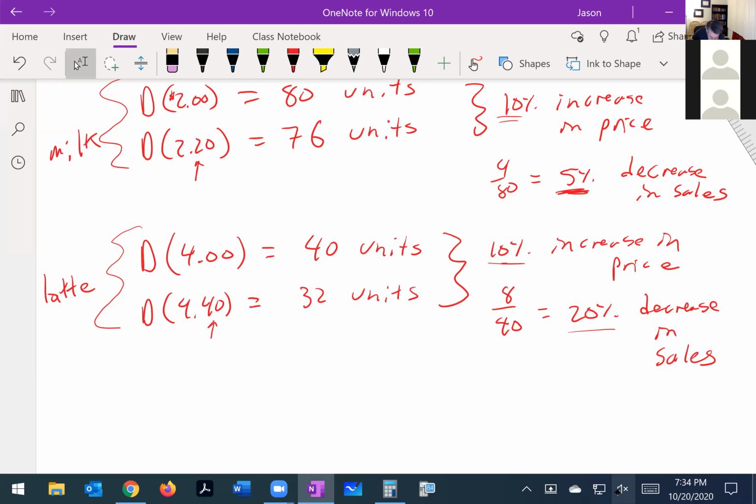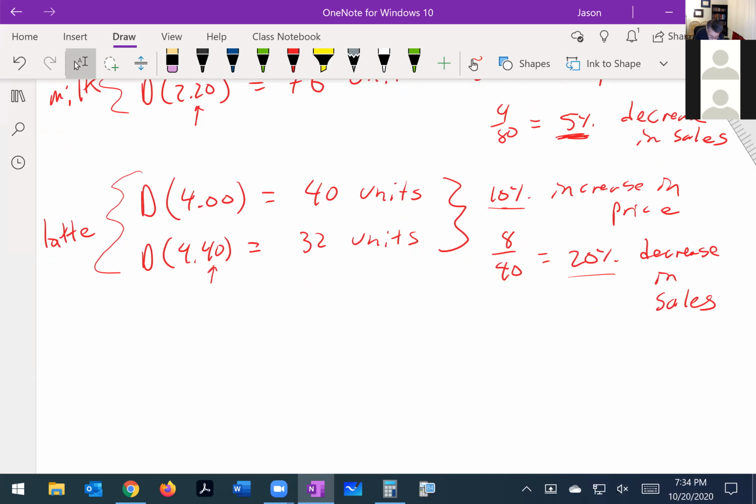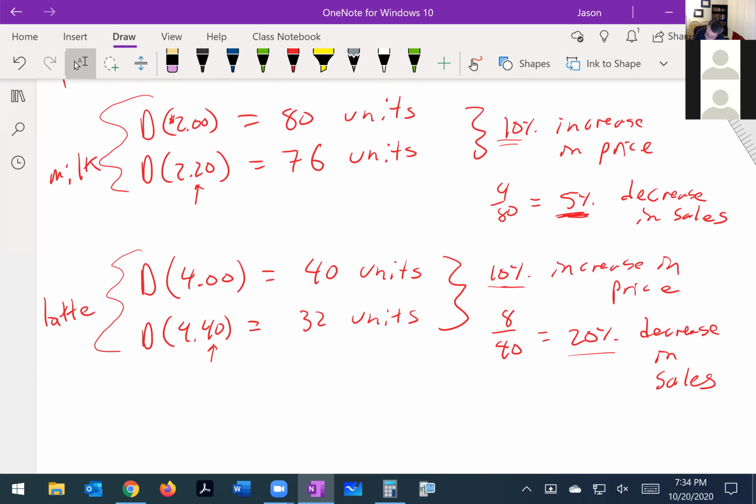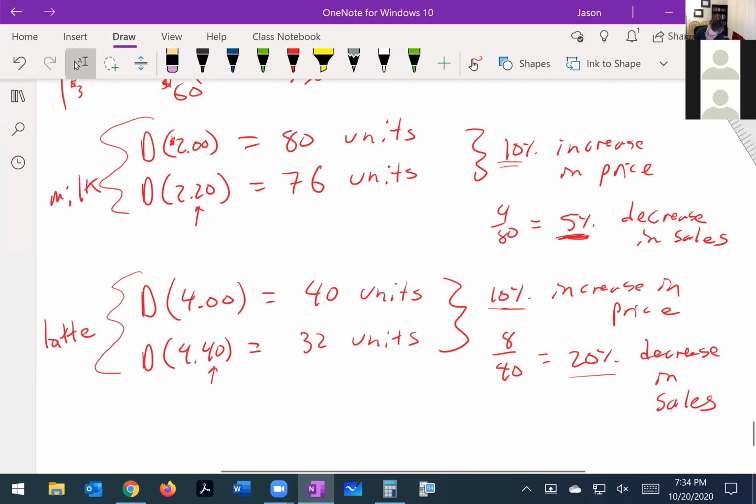Okay, for example, I think we're almost out of time anyway. When I have 80 units, say I have 80 units here, at $2, how much money did I pull in? How much revenue is this?